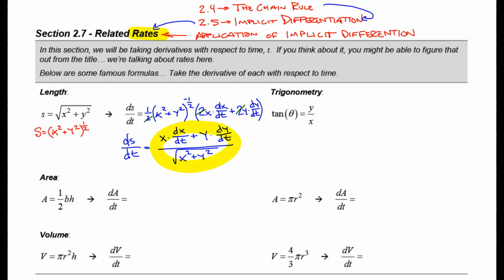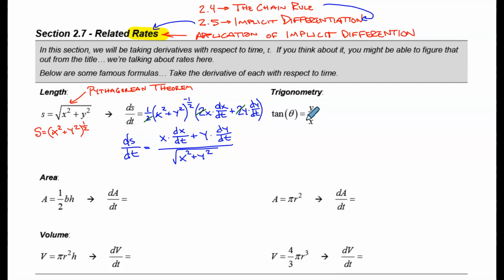And I hope that you can just look at this formula and figure out, I shouldn't have to ask this, but I will: what does this formula S equals the square root of x squared plus y squared represent? Well, that's the Pythagorean theorem. So that's an application of the Pythagorean theorem. Might become important when we're looking at some rates of change of points with respect to each other.